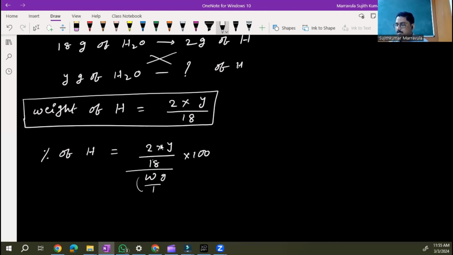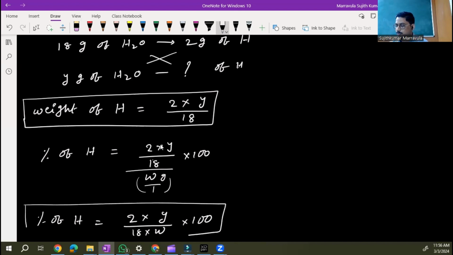This ratio can be reciprocal, so the percentage of hydrogen is 2 into Y divided by 18 into W, into 100. This is the estimation in Liebig's method.